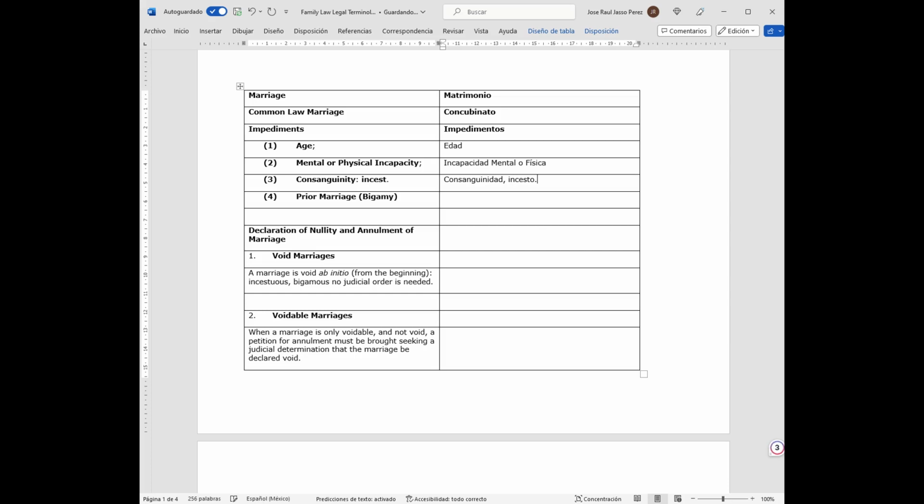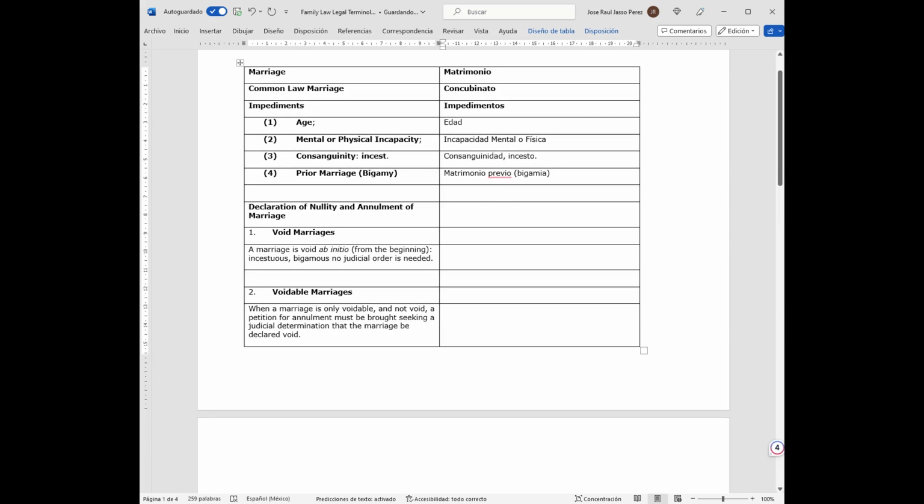That's also a very literal translation. And prior marriage or bigamy would be matrimonio previo, also called bigamia. Okay, so those would be the translation of these impediments to Spanish.